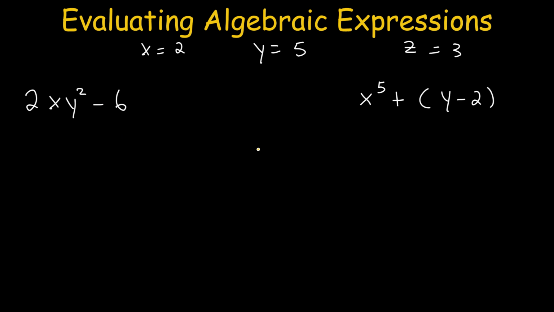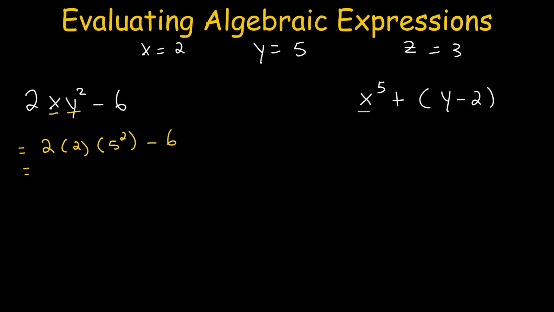Right, now let's evaluate some expressions that have exponents. Look over here, we have x times y squared. On the next problem, we have x to the 5th power. So let's solve the first problem. Let's rewrite 2, since x is 2, and y is 5 squared, minus 6.